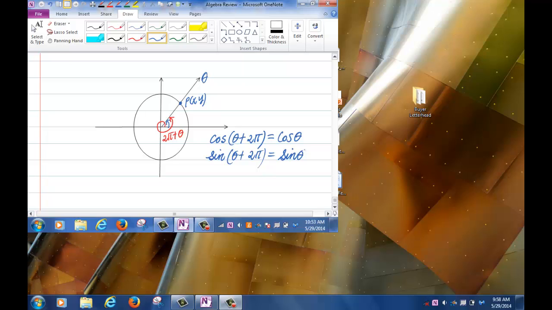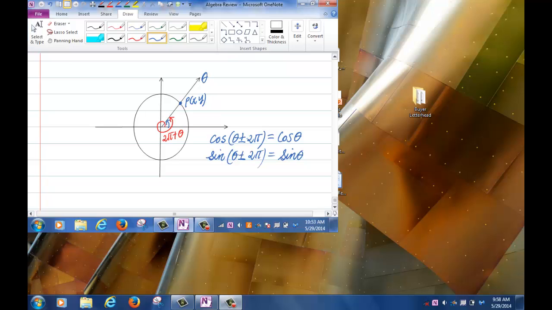So negative 2 pi means you're going to go this way. And then when you add theta, you go back to theta in the counterclockwise direction, right? So if I have negative 2 pi here, I still get cosine theta, right? So cosine theta plus or minus 2 pi is always going to give you the same thing as cosine theta.